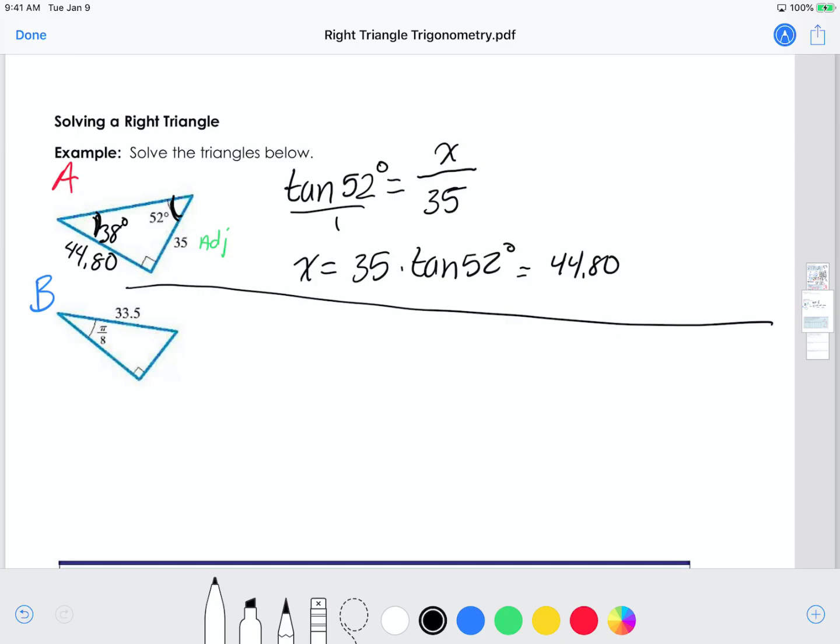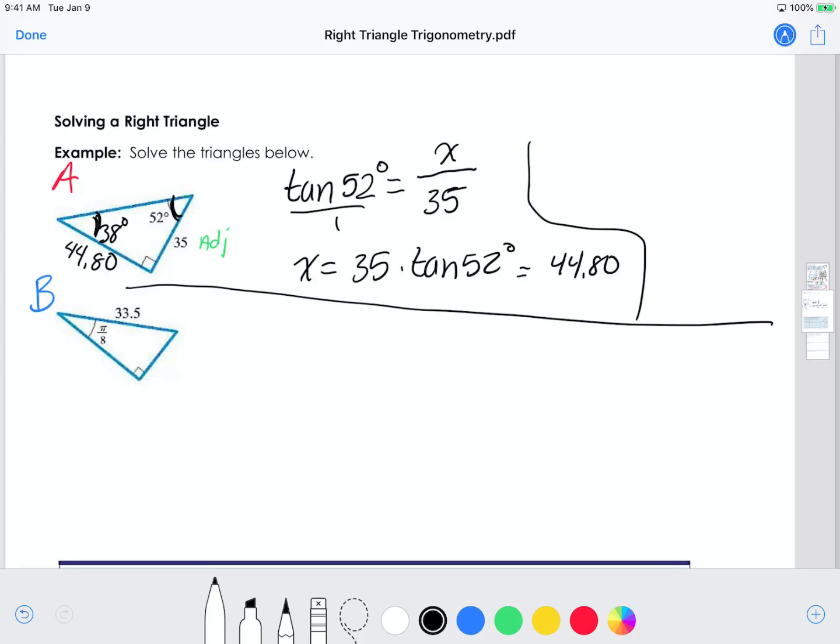Now we have two legs and we're missing the hypotenuse. From here, we could use the Pythagorean theorem, but since we are trying to practice the new stuff, which is our trig ratios, let's go ahead and use trig ratios to solve for that last side. That last side is the hypotenuse.